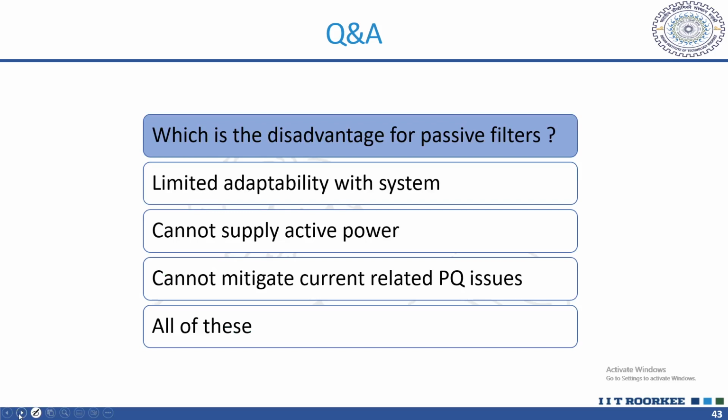Then, what is the disadvantage for passive filters? Limited capability with system, cannot supply active power, cannot mitigate current related power quality issues.